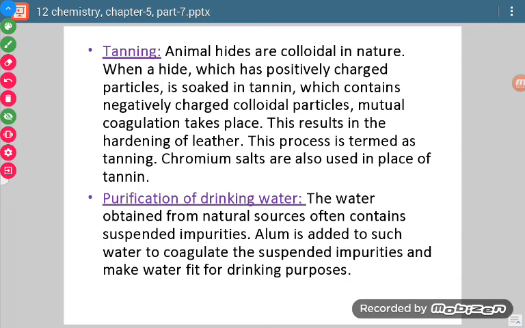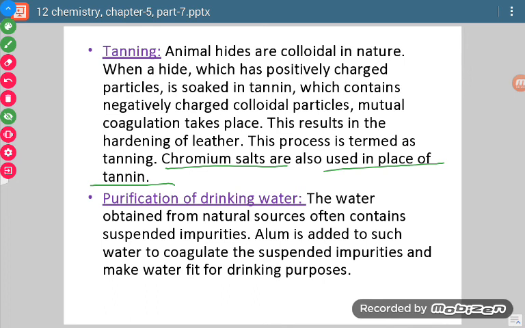Okay, now see, chromium salts are also used in place of tannin, but the name tanning is given because in the beginning tannin was the substance which was used. Otherwise, there are so many other substances which can be used for the process of coagulation. Okay, now last, purification of drinking water.